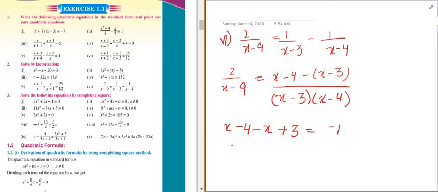What about the denominator? x square minus 4x minus 3x minus 12, this is x square minus 7x plus 12.